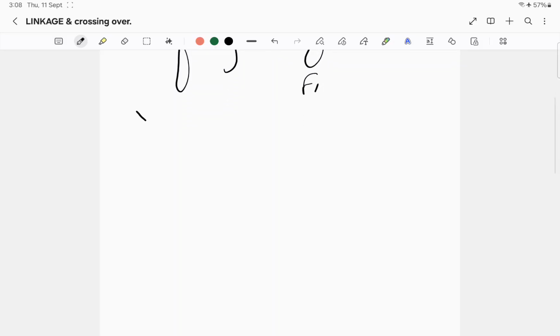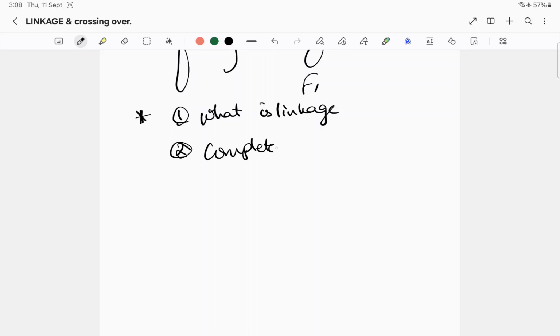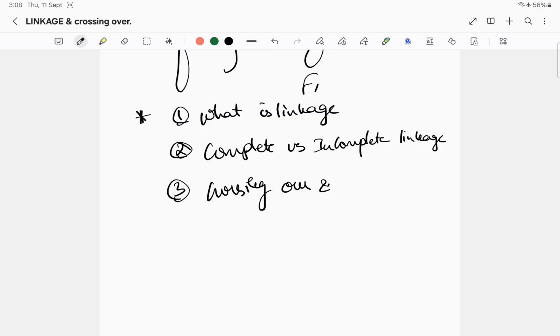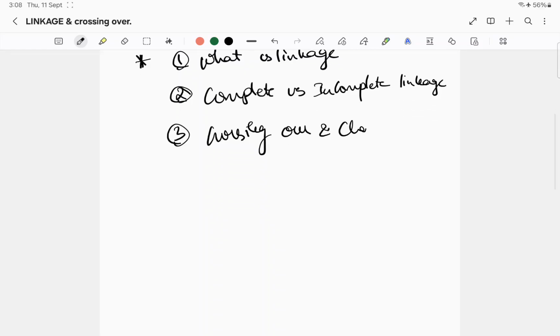The agenda of this video is that we'll cover five points. First one is what is linkage. Second one is complete versus incomplete linkage, which are simply types of linkage. Third point we are going to discuss is crossing over and chiasma.